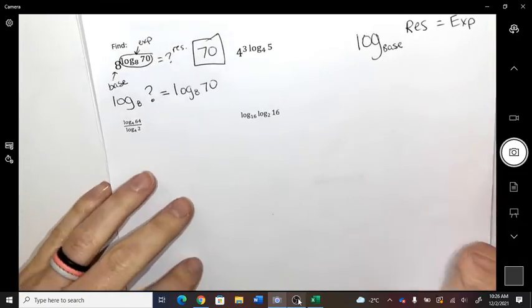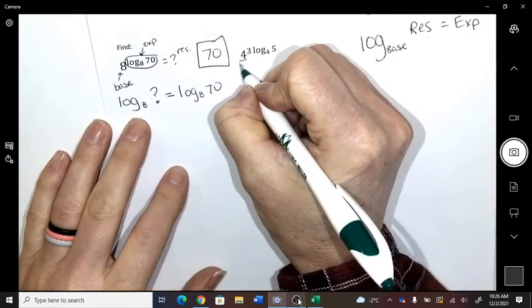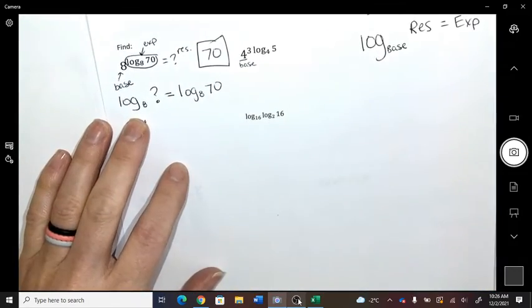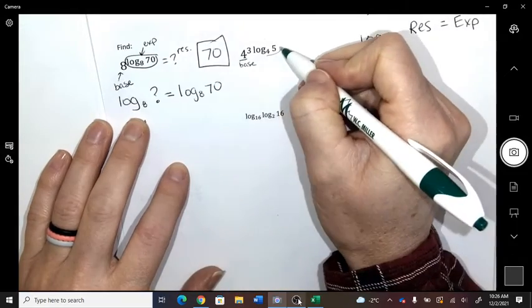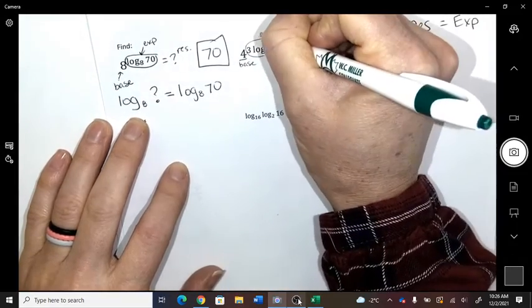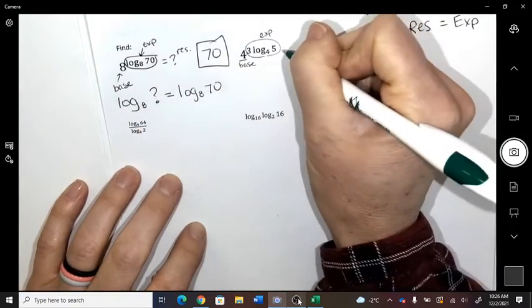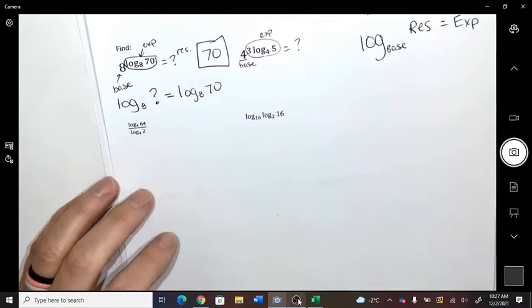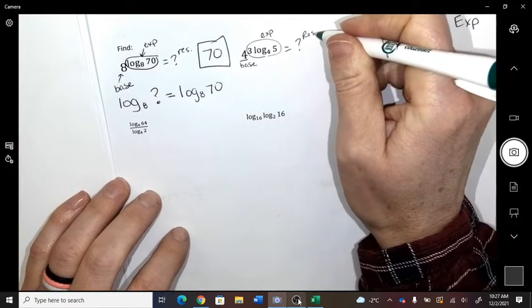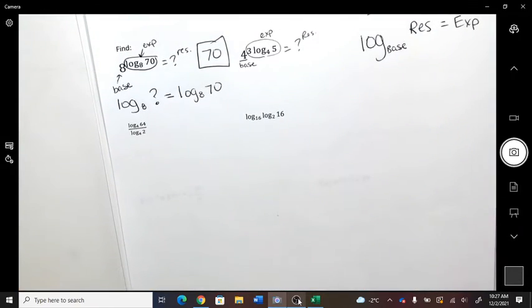Okay, let's do this one. So this is a base. That's a base. This is, all that is an exponent. And it equals something. A base to an exponent equals something.